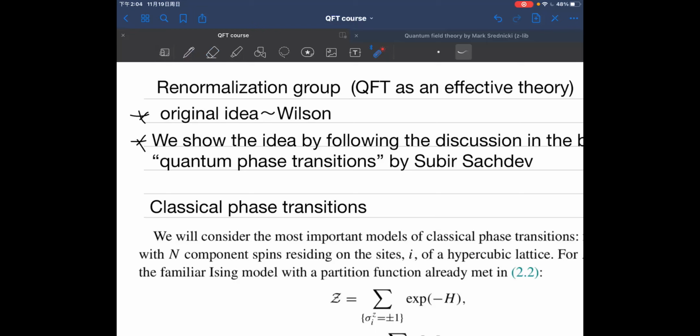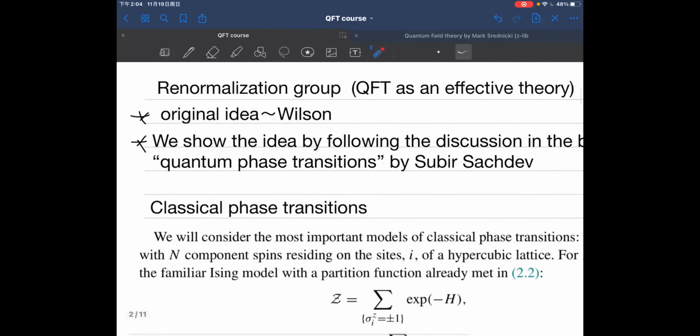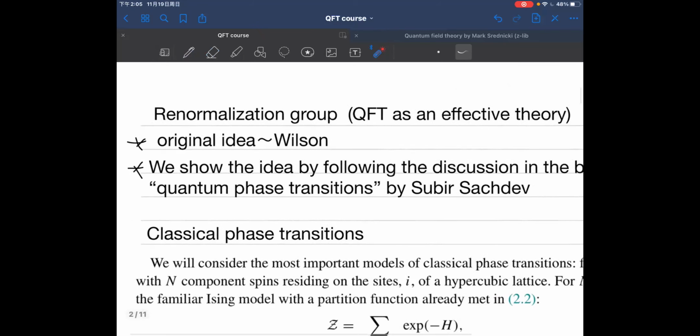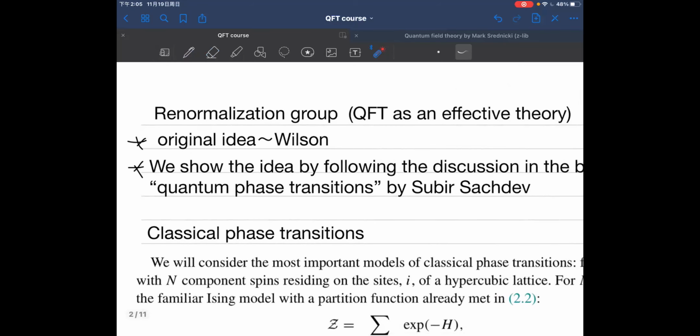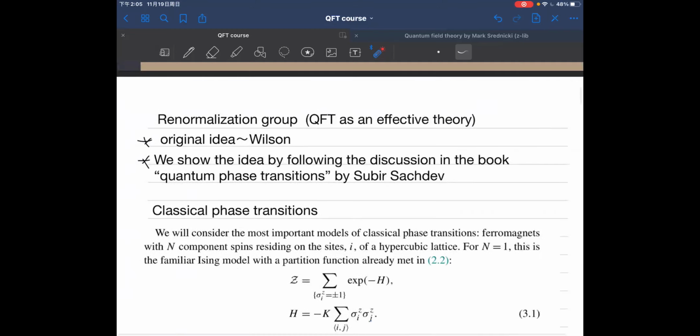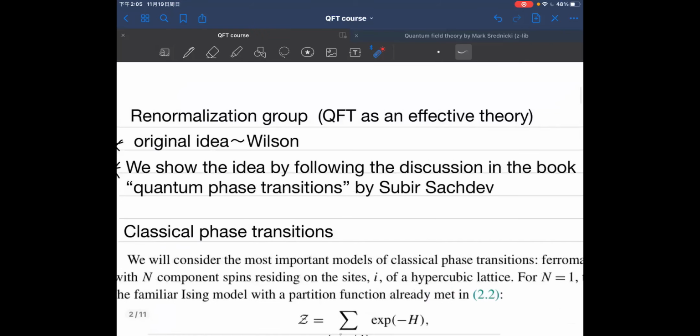Okay, then let's move on. Why do we want to understand the renormalization group? It is a sort of style to understand QFT as an effective theory, and it is an important tool to understand phase transitions.